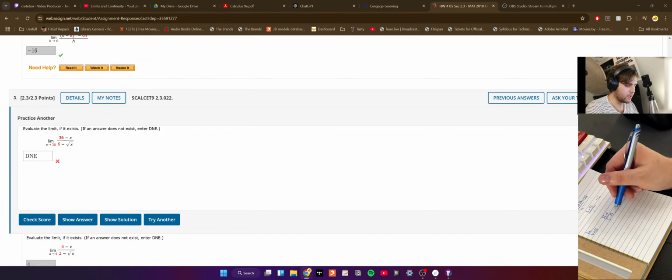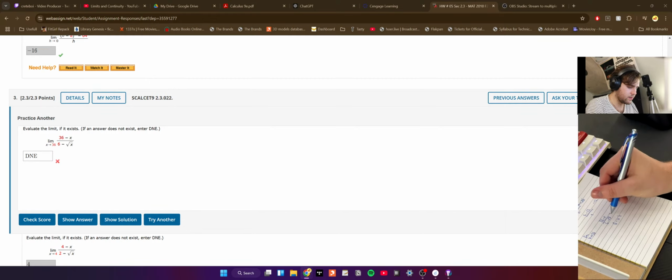We're going to look at what we can do here. I wonder... 6 to the x, negative 1/2. If we multiply everything by x, would we get 36x minus x squared?